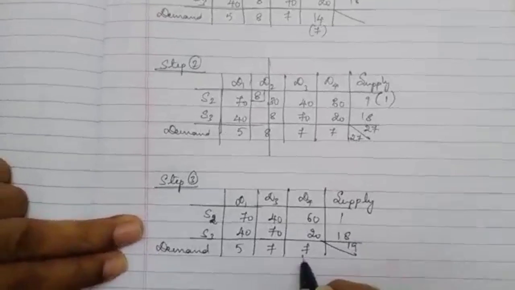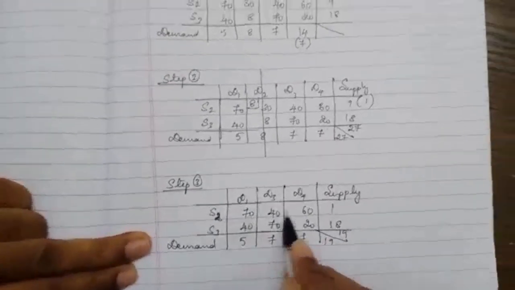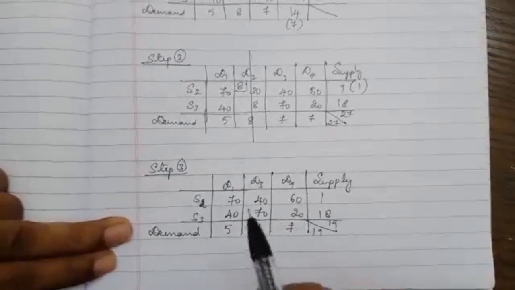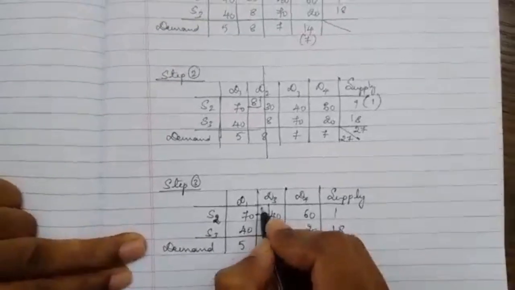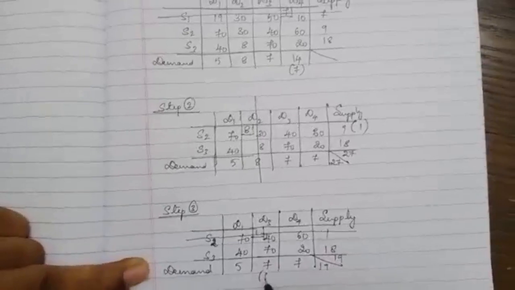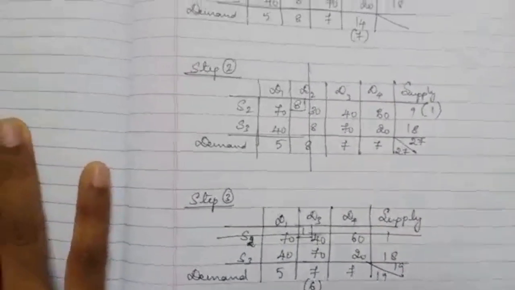So this is 19, 14 plus 5, 19. So in the first row, in the same row, we are left with 3 more elements. Out of these, choose the cell which has the least cost. Supply is less than demand, so I've given supply. We are left with 6 more. Moving on to the next step.